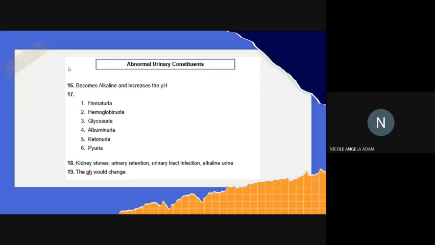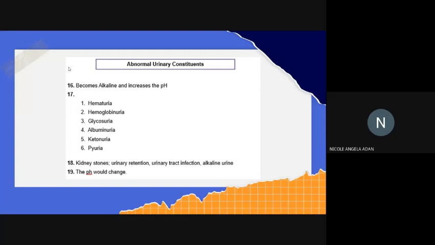Number 18. What are renal calculi and what conditions favor their formation? We have kidney stones, urinary retention, urinary tract infection, and alkaline urine. Number 19. What change would you expect to occur in a urine sample that has been stored at room temperature?